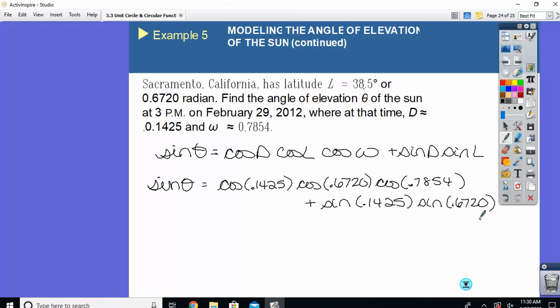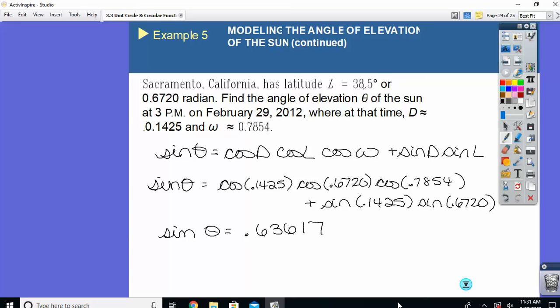And I'm just going to type in the entire right-hand side. So I get sine theta to be 0.63617.